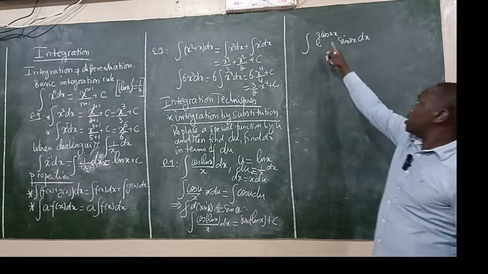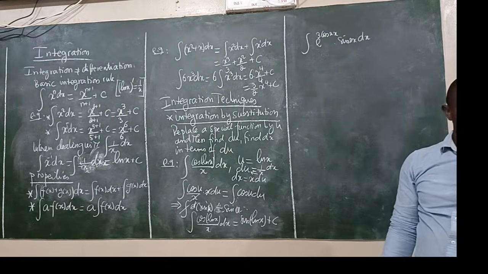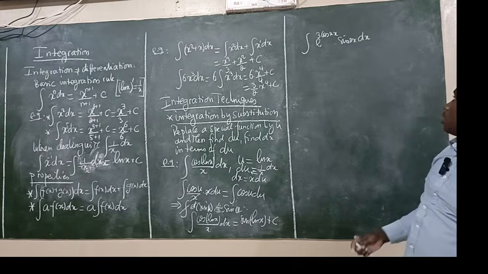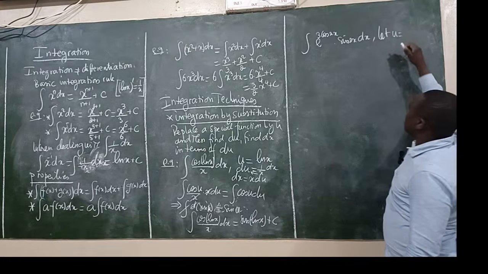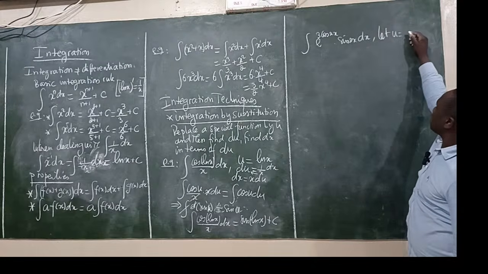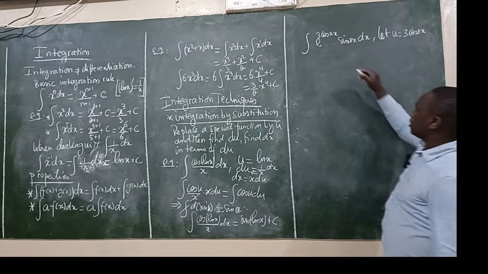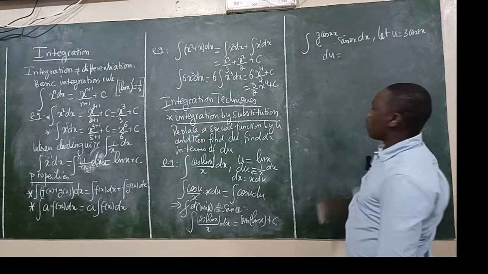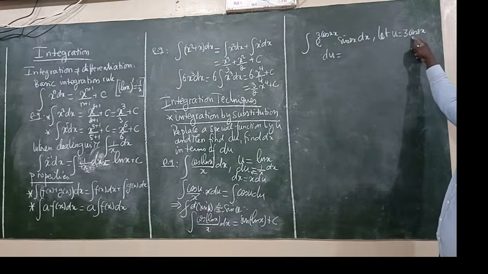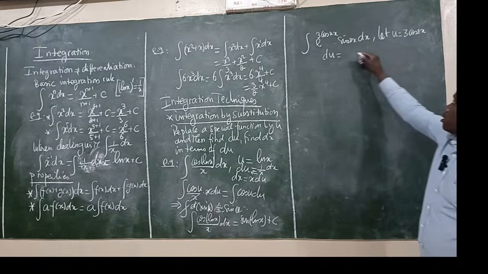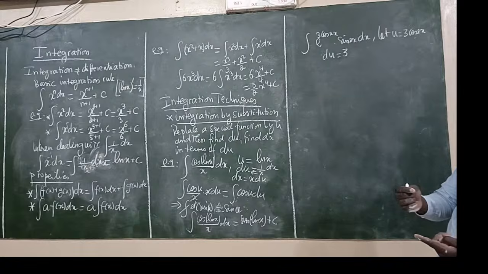How? That is because we know exponential of x, e to the power of x. Now, we're going to let u be 3 cosine 2x. Du is given by the derivative of this, because there is a constant, and we differentiate cosine.